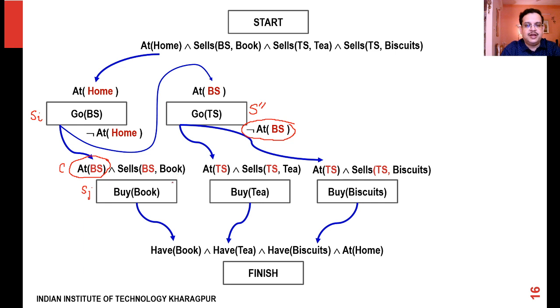So to prevent that, what we need to do is to either promote this or demote this. Now promoting this action is not possible because it is already after SI by virtue of this link. It is already after SI, so you cannot promote it, you cannot take it to above SI.